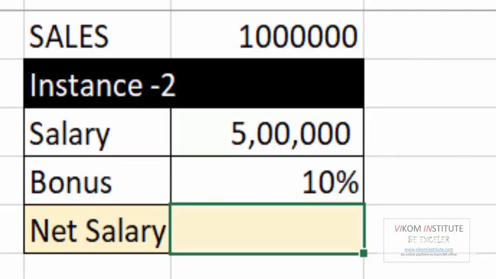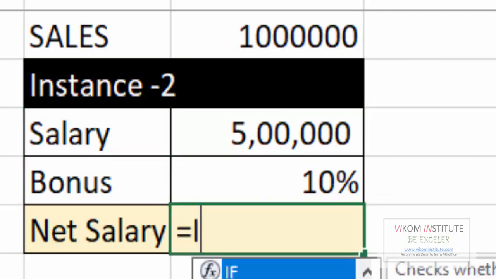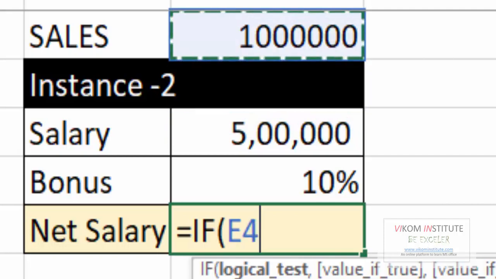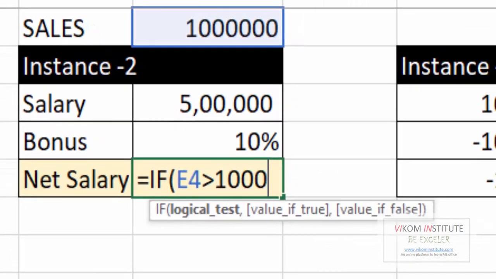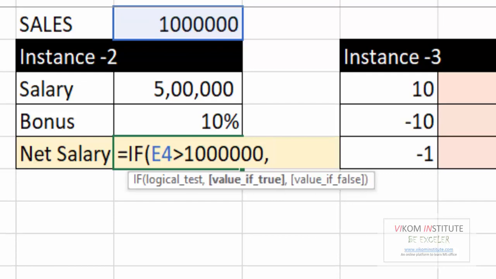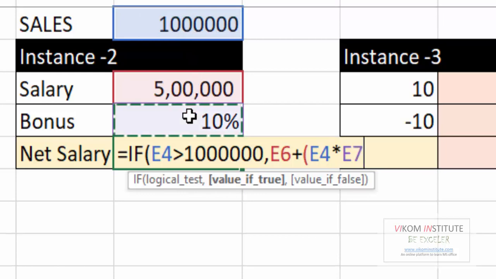So let's begin with the function. If my sale is greater than 10 lakh, then I would get salary as well as bonus also. So bonus would be this multiplied by this, close the parentheses, else I will get only my salary.